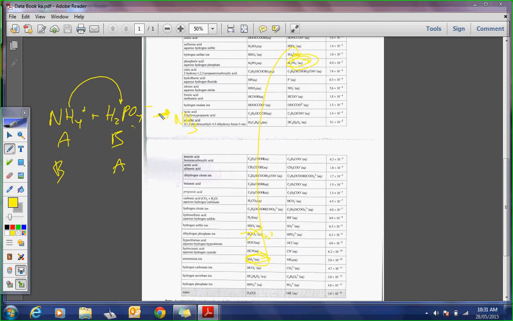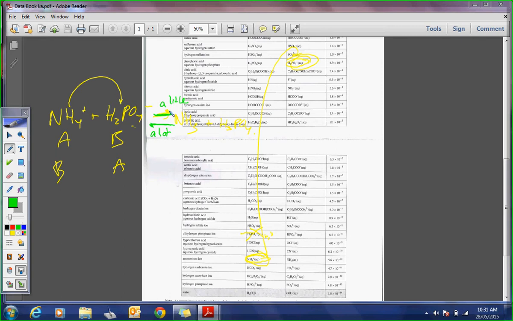Essentially non-spontaneous. Okay? But most of it, the NH3 and the H3PO4, most of it is going to go this way. So a lot follows that pathway, and only a little follows that pathway.